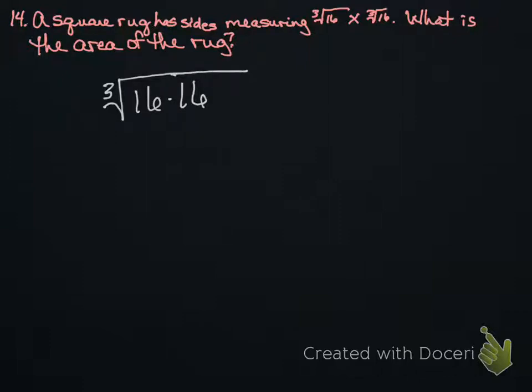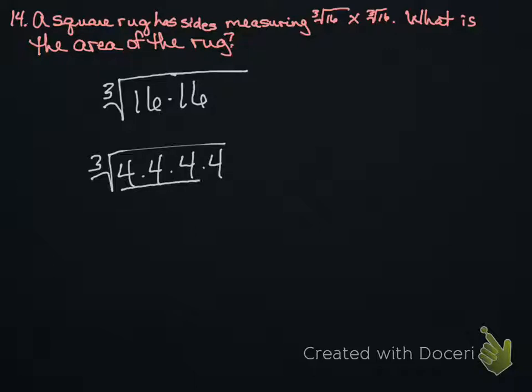Okay. Now, I'm going to break that down a little bit. 16 is 4 times 4. The other 16 is 4 times 4. Okay.